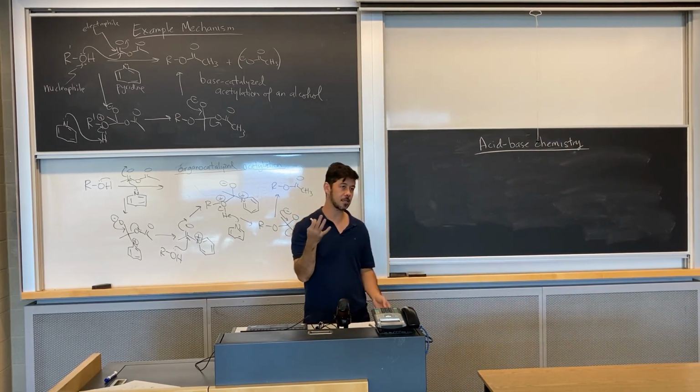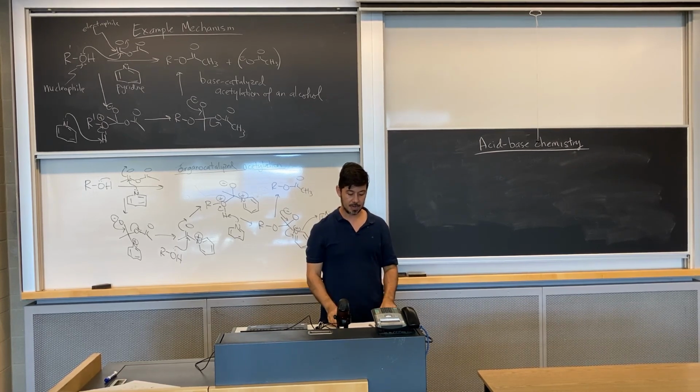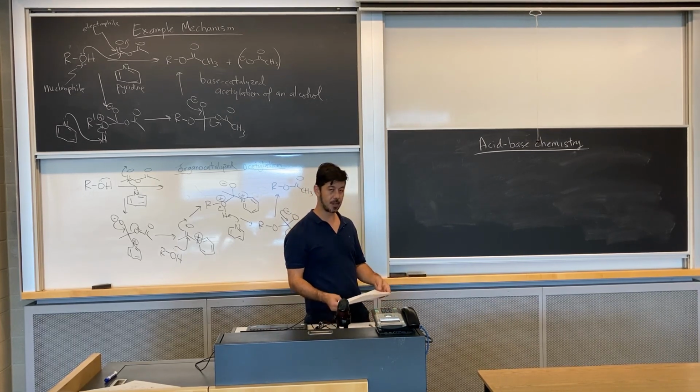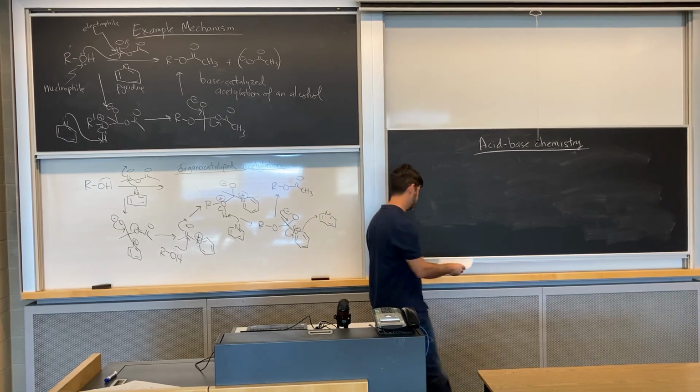So what is an acid? An acid is a molecule that's electron deficient, and it acts as an electron acceptor. Something known as a Bronsted acid has a proton and acts as an electron acceptor. So something like HCl. A Lewis acid has a non-hydrogen atom and acts as an electron acceptor. So good examples would be something like aluminum trichloride or BF3.